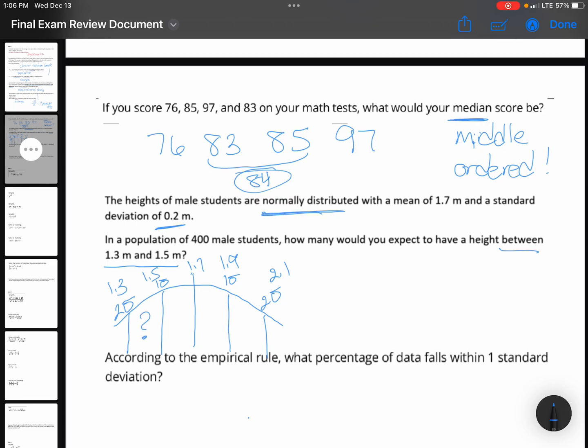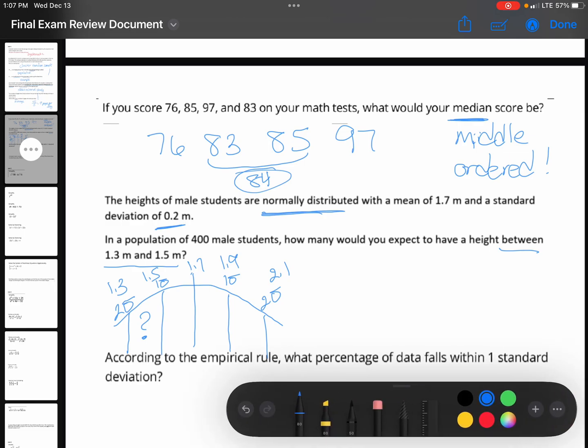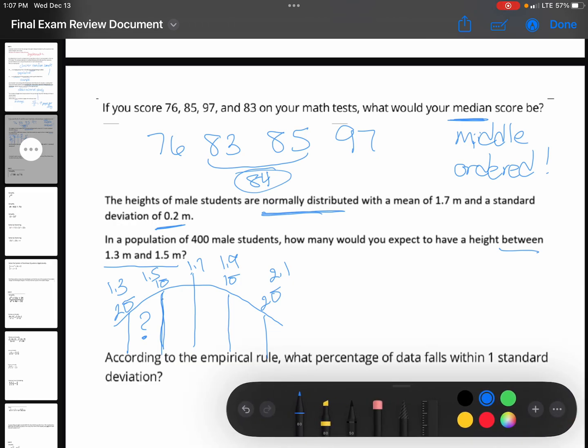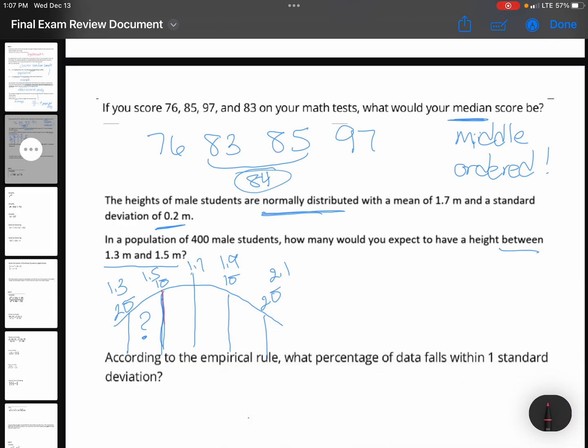So we need to know, well, what is that? So you do have to remember the empirical rule. This says between one standard deviation from the mean, that would be 68%.